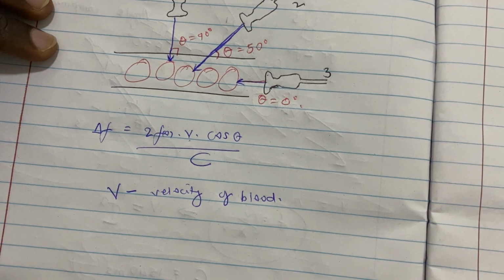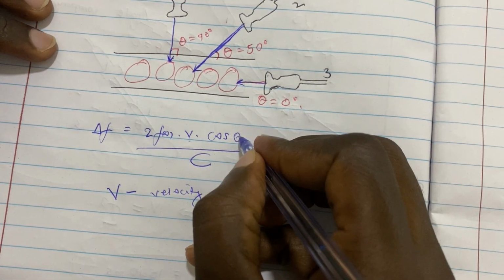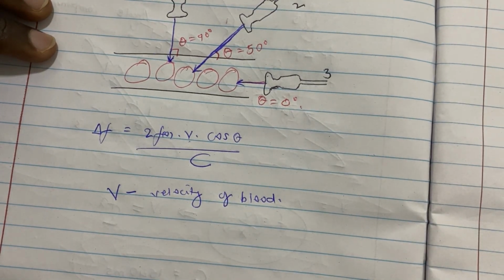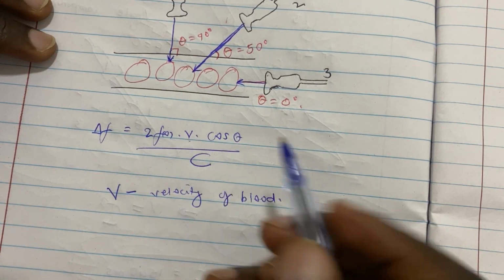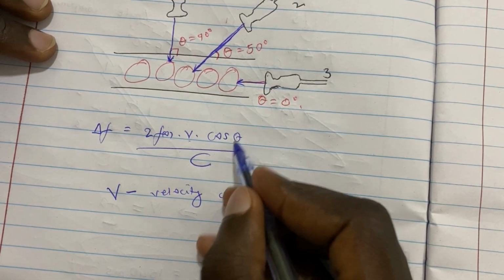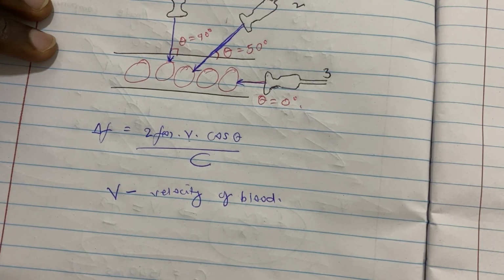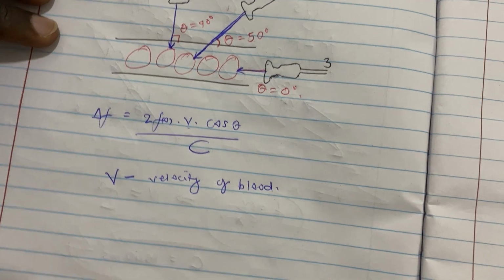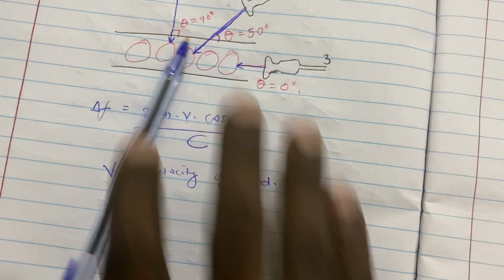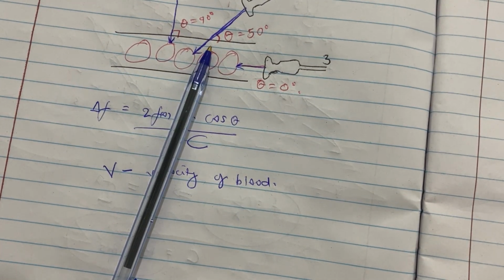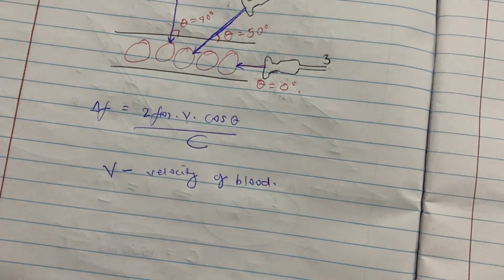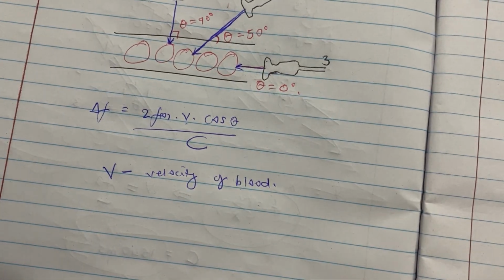It is not constant, and theta is not constant. So the Doppler shift will depend on velocity and the degree of cos theta. If we use a calculator, we see which one produces a bigger value here.